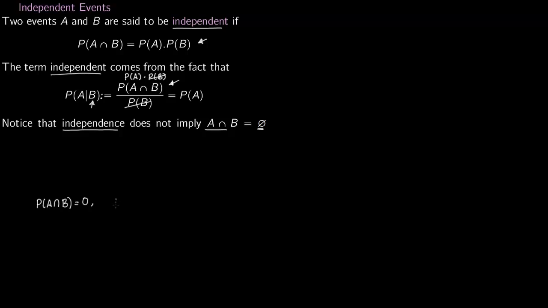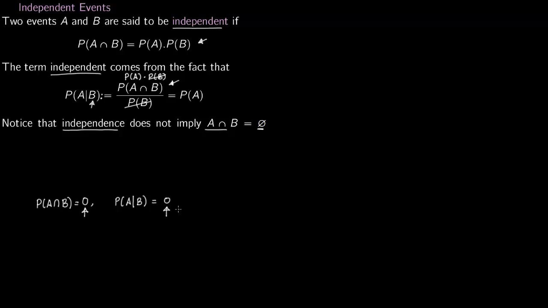And in that case, probability of A given B is also 0, because A given B is probability of A intersection B divided by probability of B, and that would give you 0. And that does not help you at all, because now you just have gotten a 0 here. So it does not help you in any kind of conditioning.